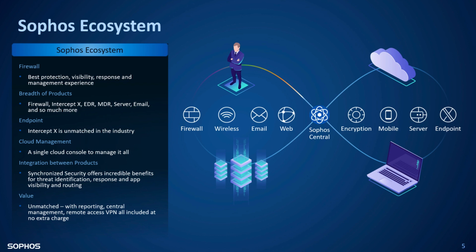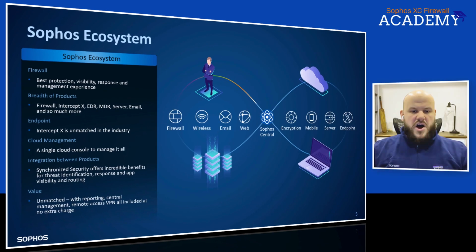What endpoint product do they have? Does it have EDR or MTR? Does it cover servers, mobile devices? And what about other products does it include? Obviously, we have a great portfolio for companies of all sizes. Perhaps the most important product in the portfolio is the endpoint solution.